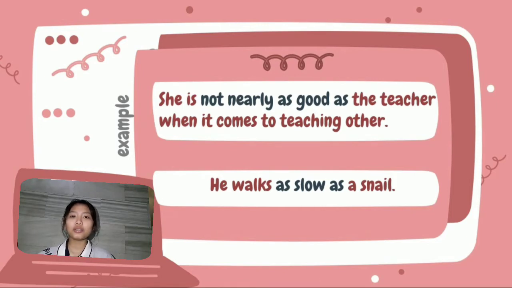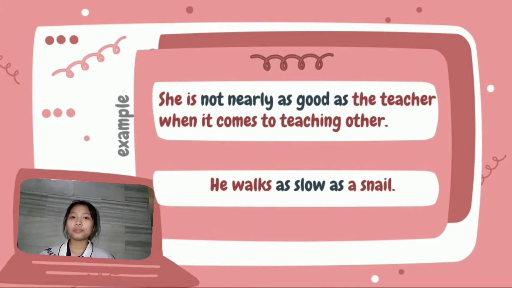In this sentence, the words not nearly as good as indicate that the subject is not similar with the object. In this case, the subject, which is she, is not as good as the object, which is the teacher, at teaching.